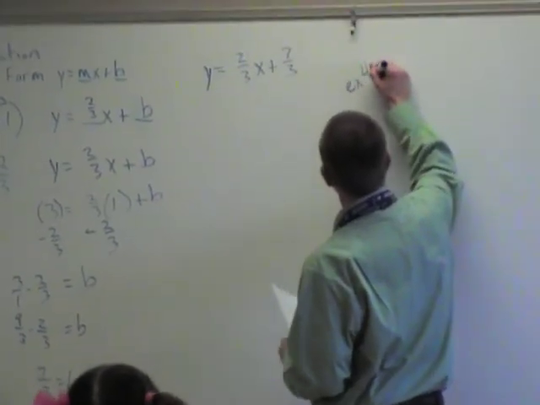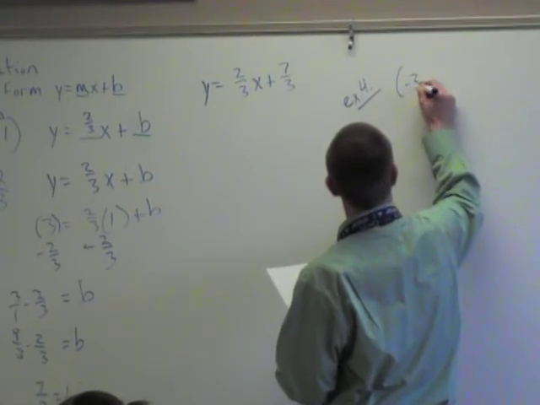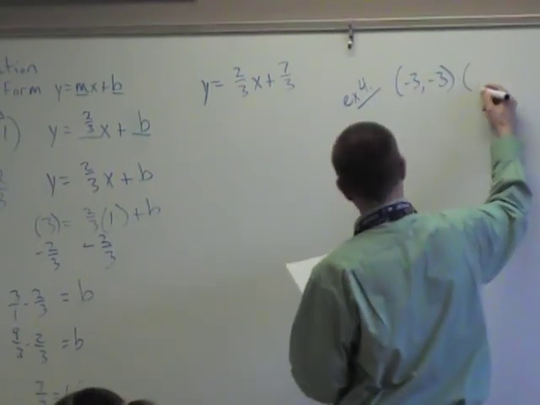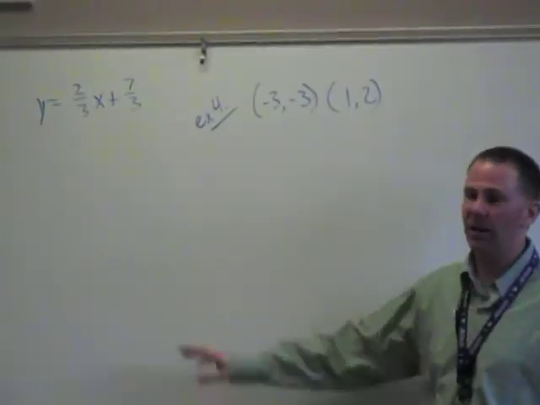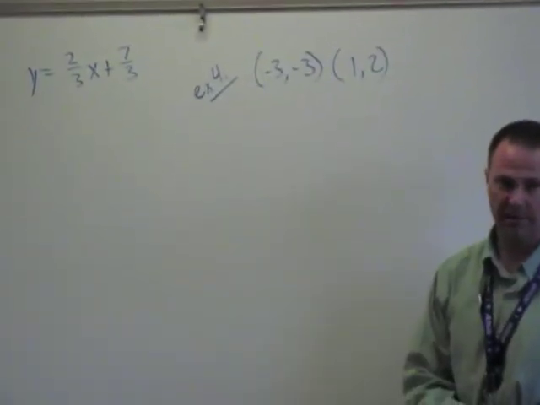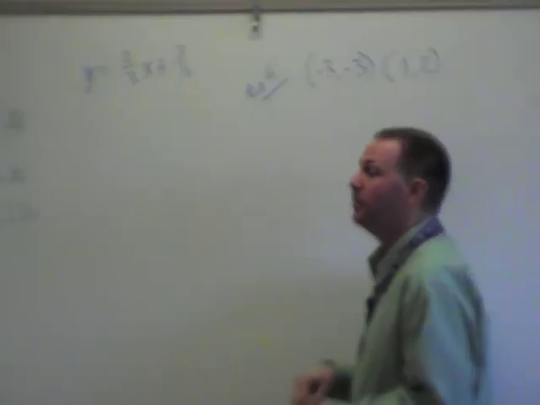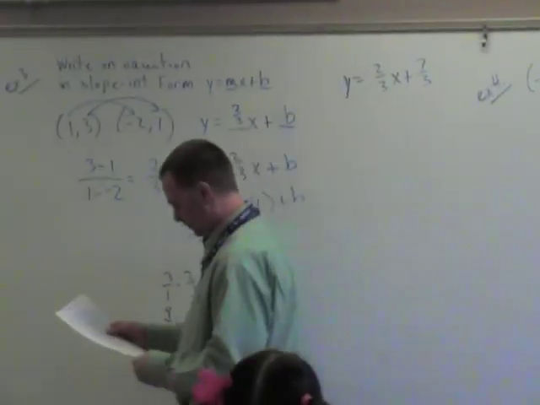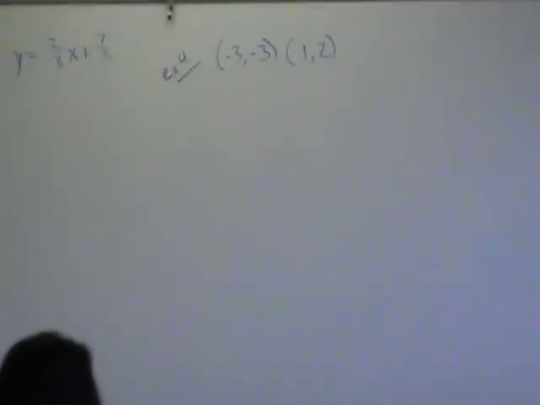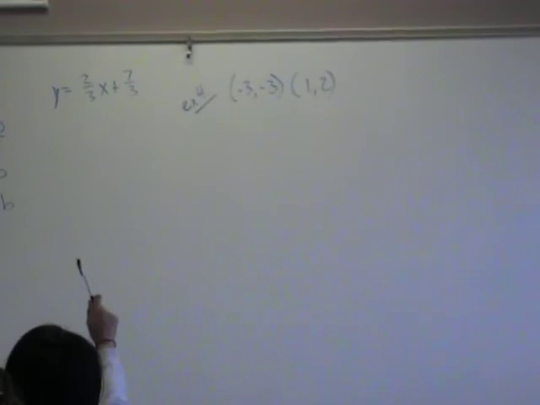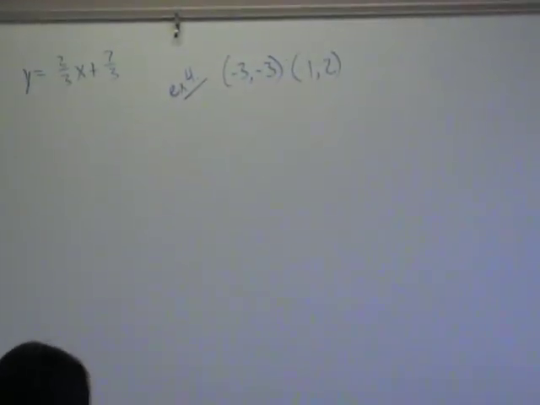Example 4 is -3, -3, and 1, 2. Again, I did not give you the y-intercept, so you're going to have to do that process. Yes. Right, that's what it was asking for.